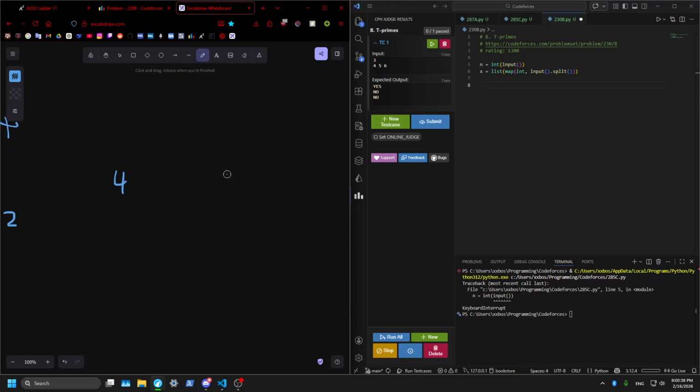If we do 5, 1 to 5, 5 divided by 2 is 2.5. Do we ceil it or floor it?